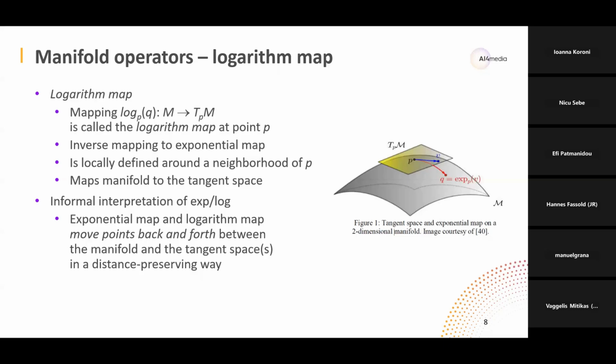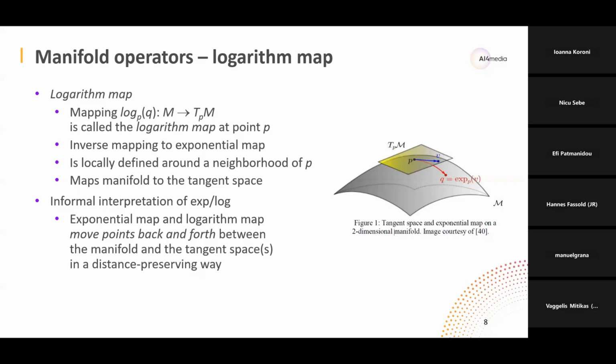And it can be proven that it's locally defined, at least around the neighborhood of the reference point P. And it maps now the manifold to the tangent space at this reference point P. So it maps back, I would say, these points Q on the manifold to the vector V on the tangent space of this reference point P.